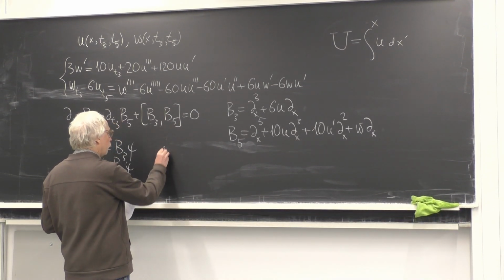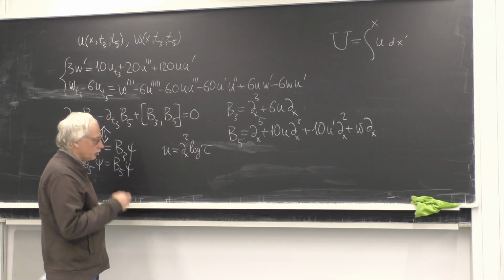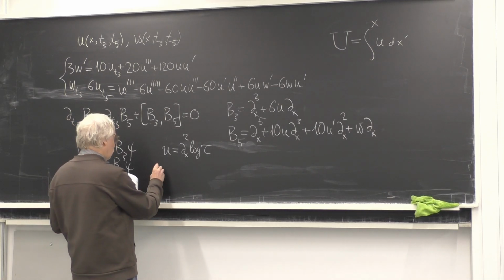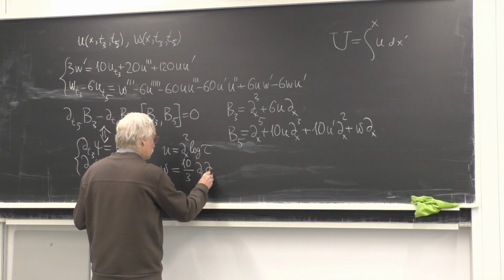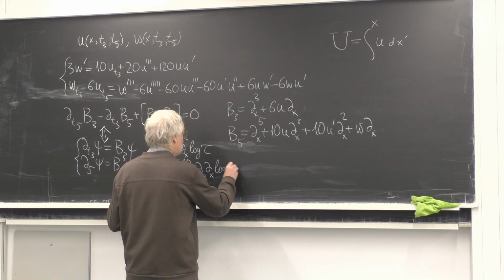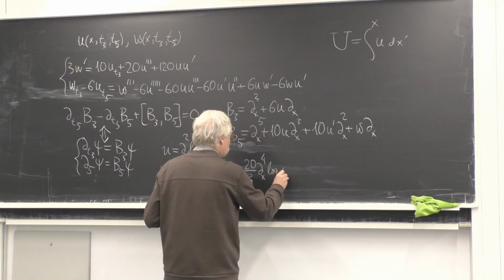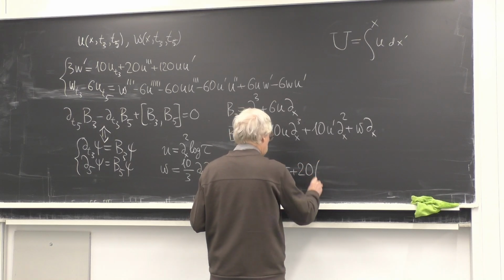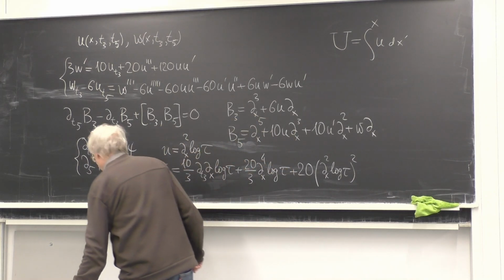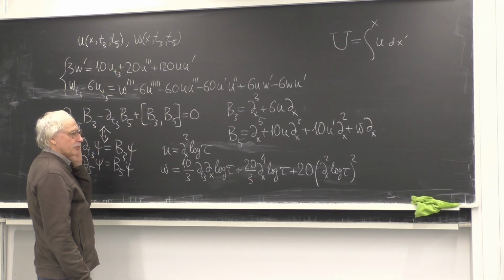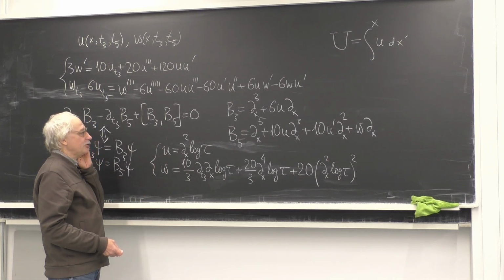If you make the following substitutions, introduce some function tau, which is a tau function, and make the substitutions, then the first equation becomes identity, and the second equation becomes bilinear in this function tau.